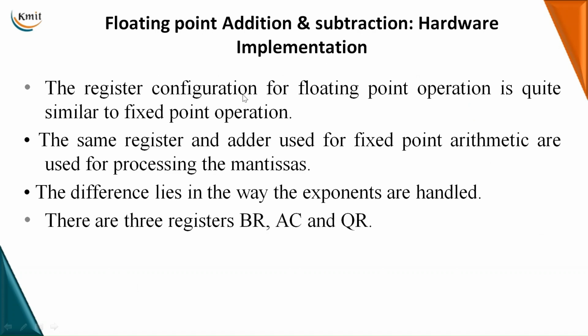So the register configuration for a floating point operation is very similar to a fixed point operation, because the same registers and the same parallel adder are also used in floating point hardware. The only difference lies in the way the exponents are handled in the hardware. We have three registers: AC, BR and QR.